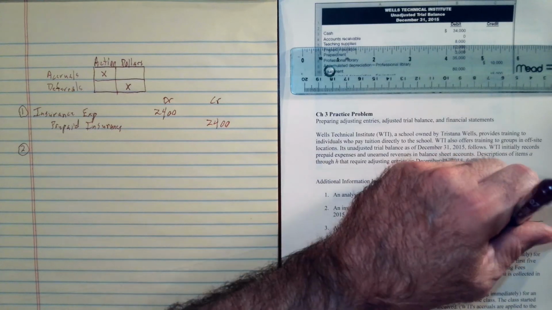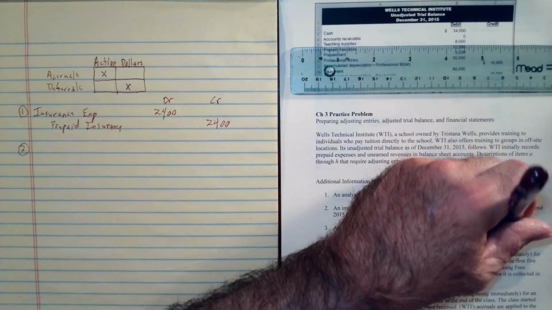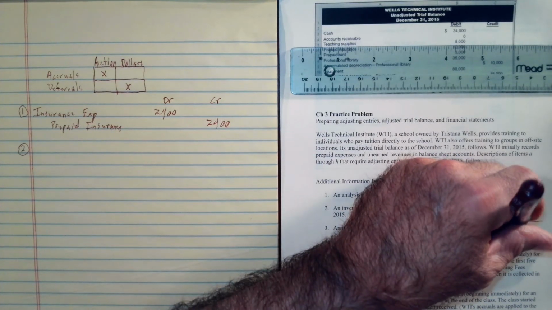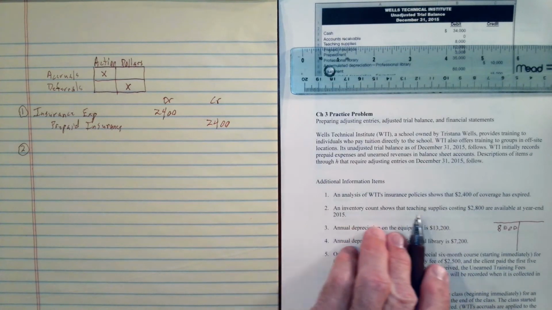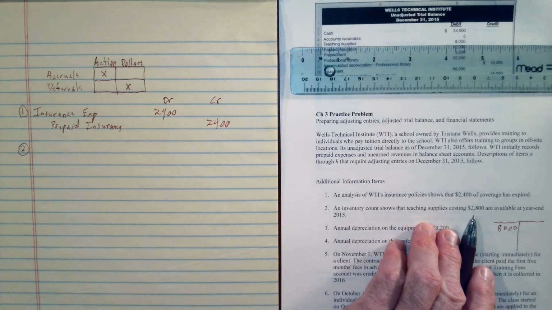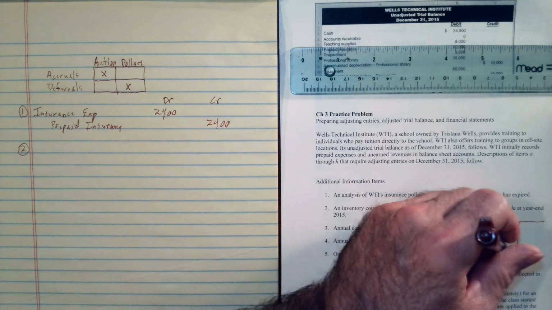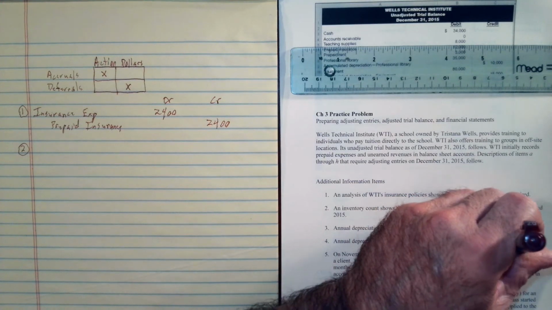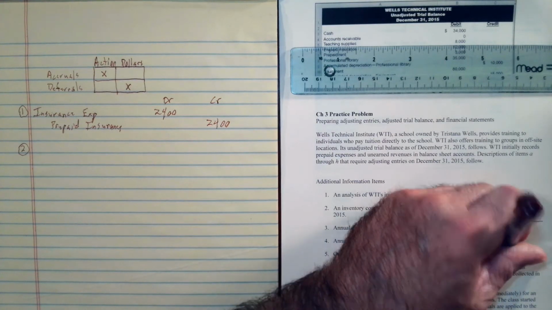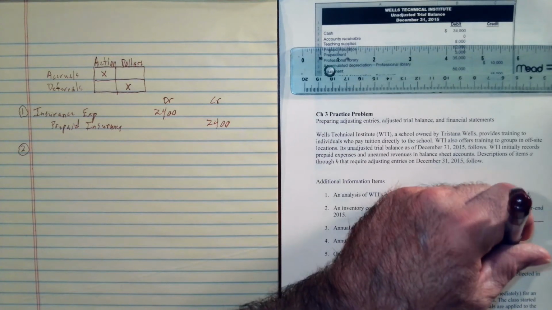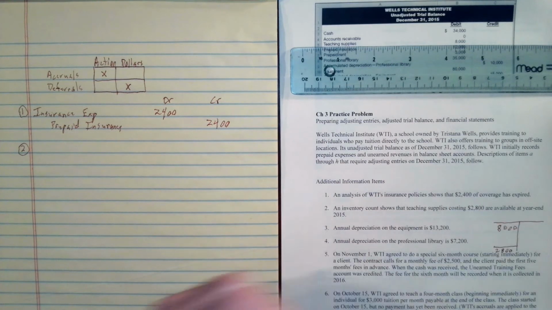Okay, so that's my starting point. It says here that inventory count shows that there are 28 available at year end. So 2,800 is going to be my ending balance. That's my ending balance.